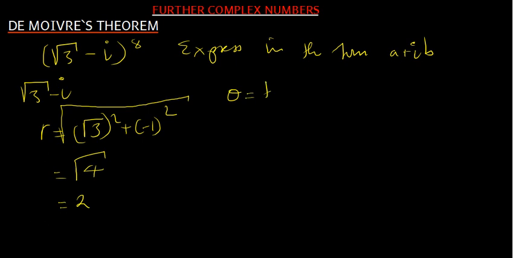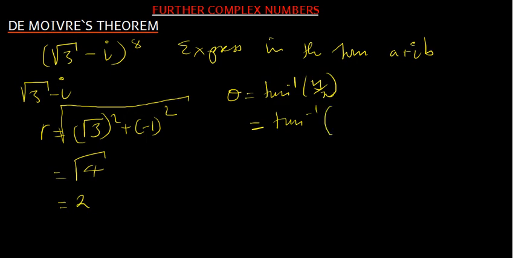Theta is given by tan inverse of y over x on complex numbers, just like we do on vectors and projectile motion and everything else. If you know the components, you can find the angle.